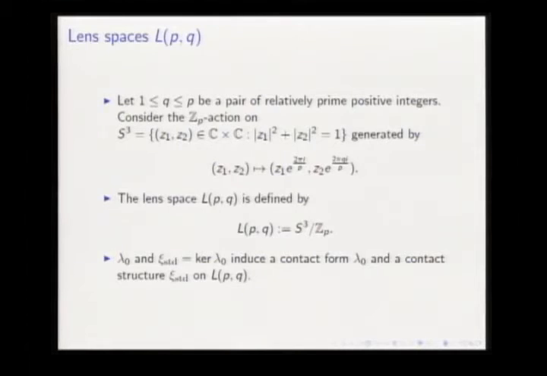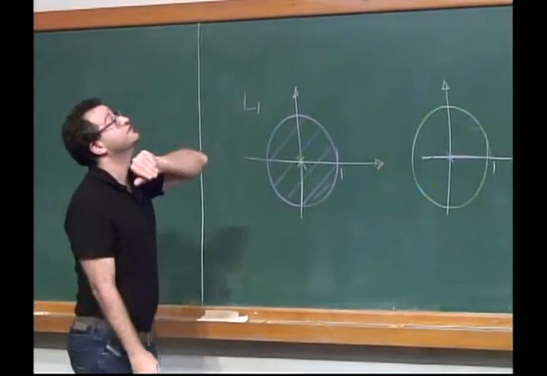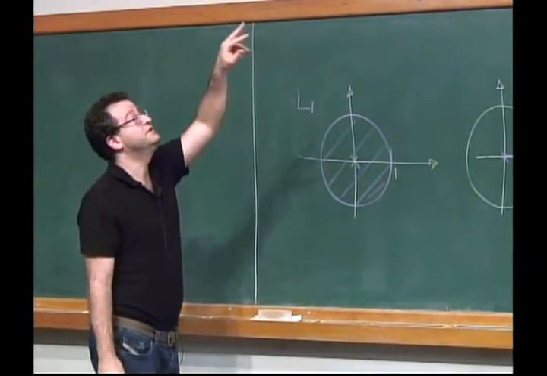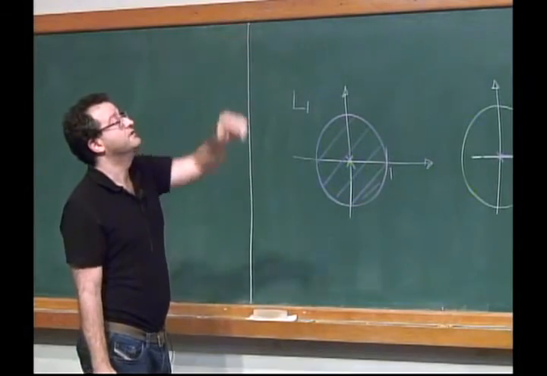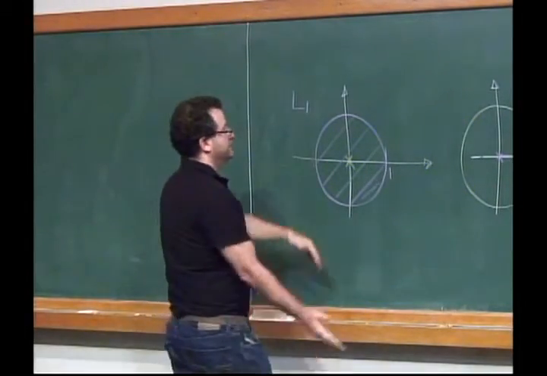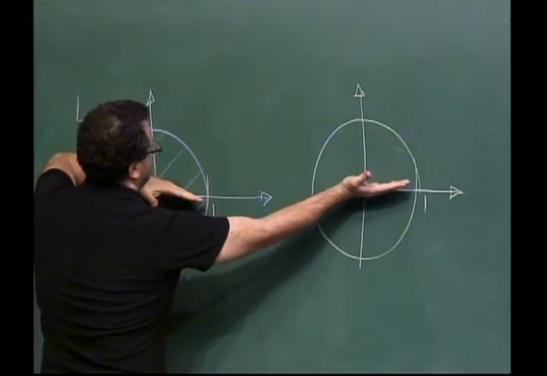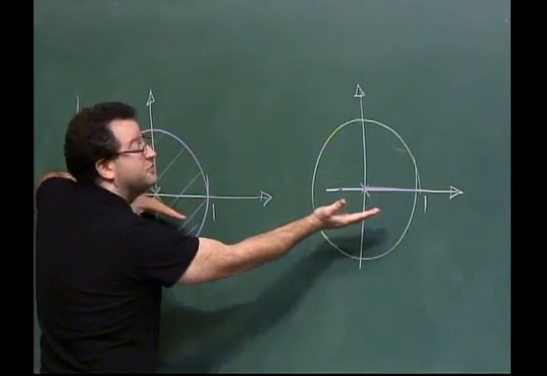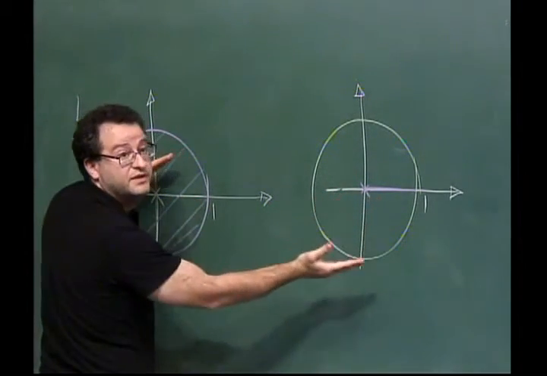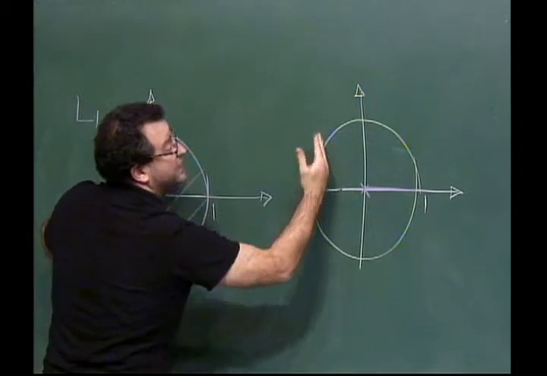So how do we define lens spaces? We take an action on S3, which is a Z_P action, and take two positive integers, which are relatively prime, and then you take the action generated by rotating by 1 over p in the first factor, and by q over p in the second one.